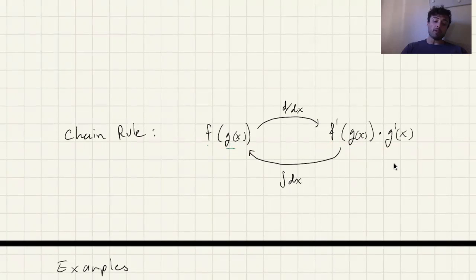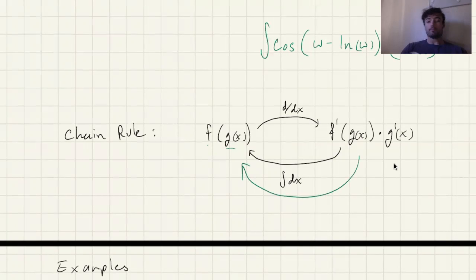If you take an antiderivative, if you have a function, maybe that function is cosine, and inside of that cosine you see some kind of function, so w minus natural log w, and outside of that you see the derivative of that function, then that tells us how to go back. That tells us how to compute the antiderivative.